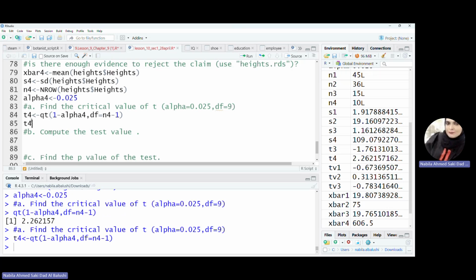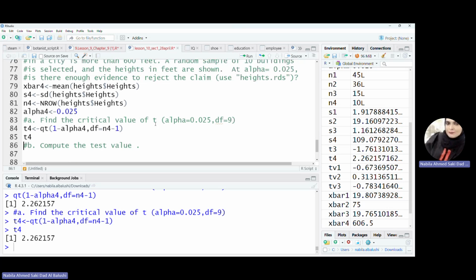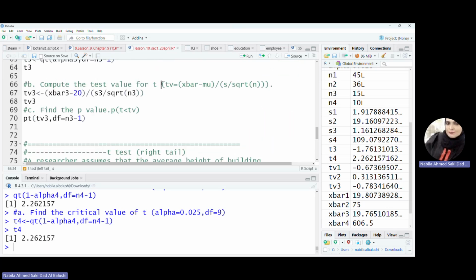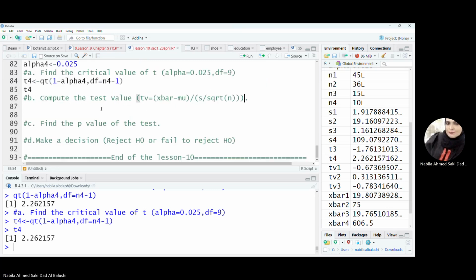I want to recall it in the console window, so I can type it again. Now compute the test value. The formula is again the same for the test value. We save it as TV4, x bar 4 minus the hypothesized mean, which is 600, divided by the standard deviation S4 divided by the square root of N4.